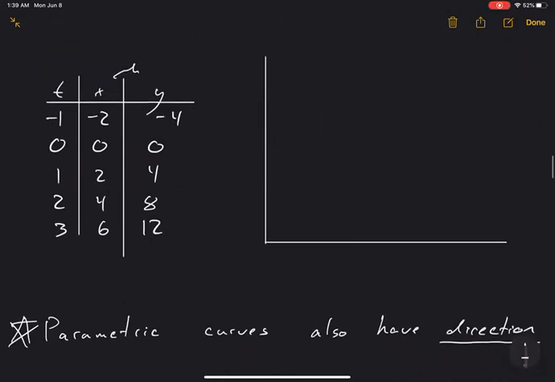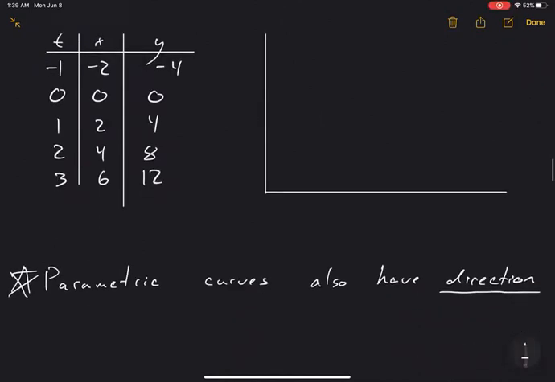If I graph -2, -4, maybe that'd be somewhere down here. Then I graph 0, 0. That'd be there.